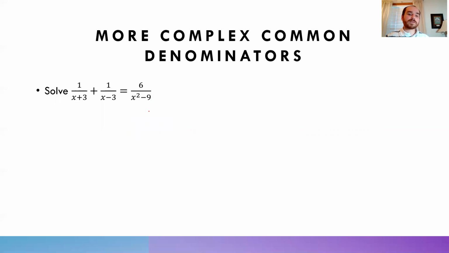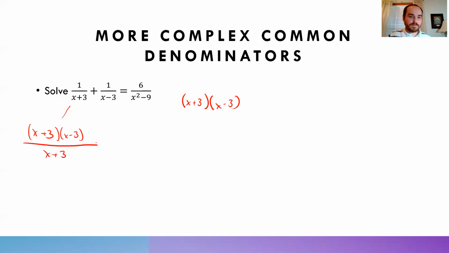So what we're going to do is multiply everything in this equation by x plus 3 times x minus 3. Now, when we do that, what we'll get, start with this term right here. It's x plus 3 times x minus 3 over x plus 3.